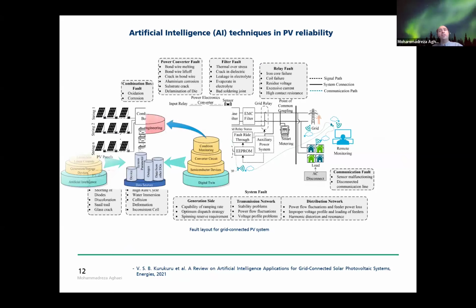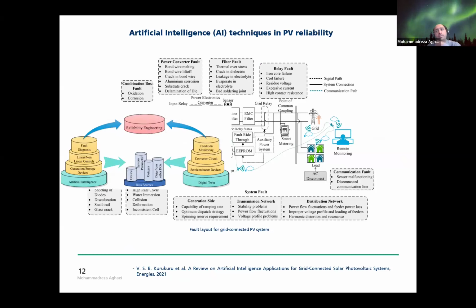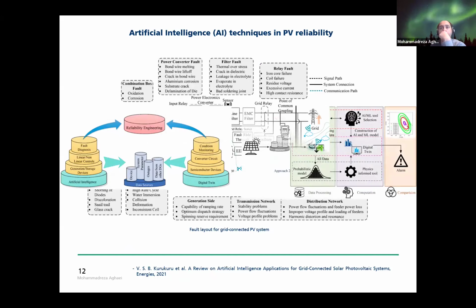AI can also be part of other enabling smart technologies like the digital twin. For your information, the digital twin creates an approach for monitoring and other services for PV systems or any other systems in real time through digitalization and virtual world modeling.